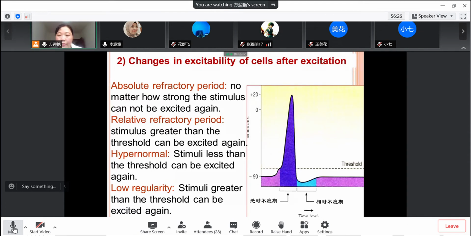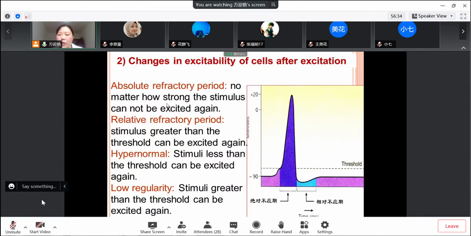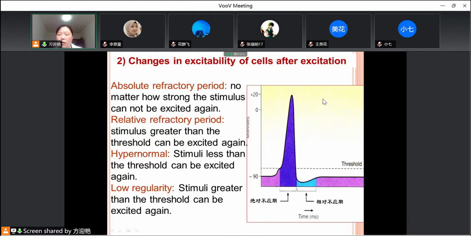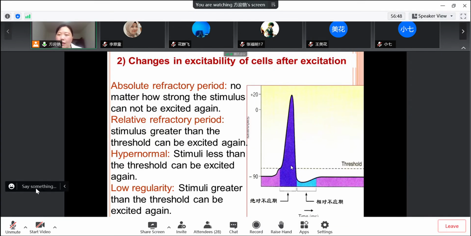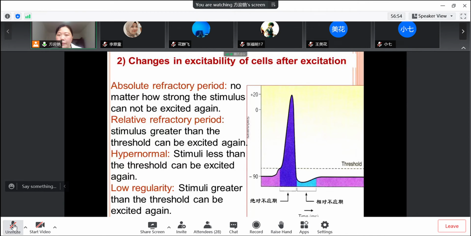Think again. You can hear that no matter how strong the stimulation is, it cannot excite the cell again during this period. So is the cell's excitability higher or lower? Lower. Very good.